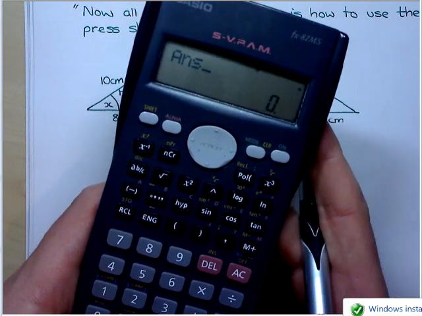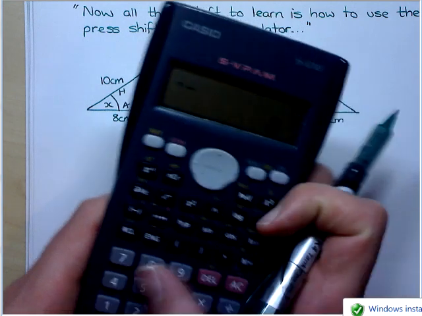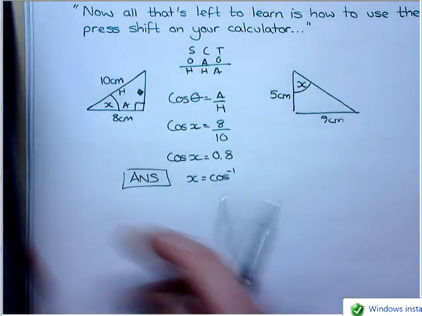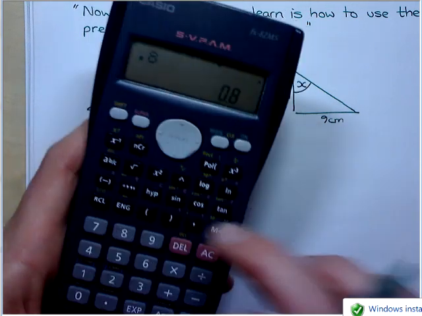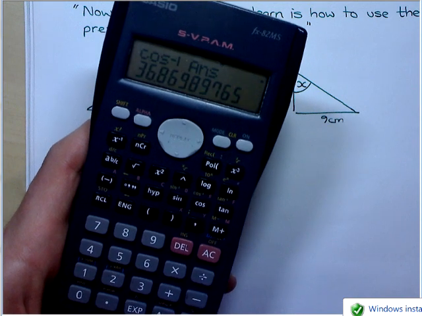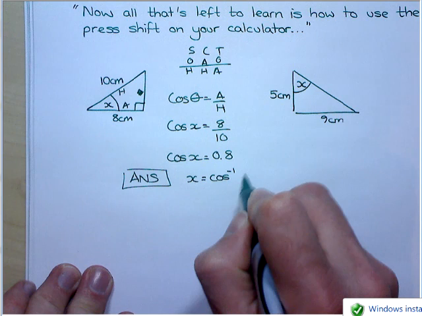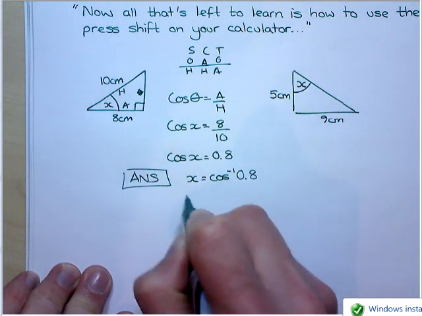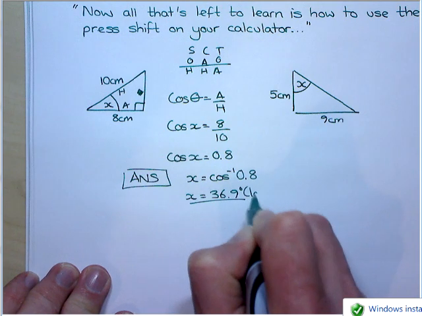So press answer and then equals, it remembers what was on there. So if I put, well, this one's quite easy, but I'll put 0.8 in, then I'll do shift cos of my answer, and I will get 36.9 to 1 decimal place. So x is 36.9 degrees to 1 decimal place.